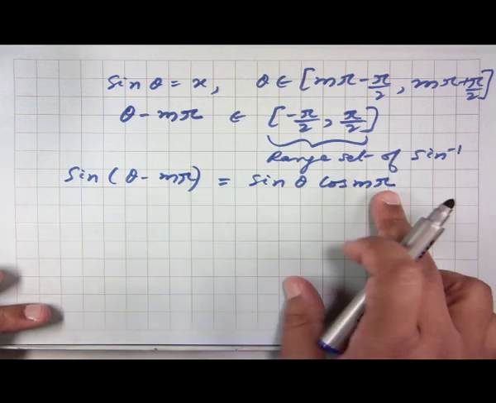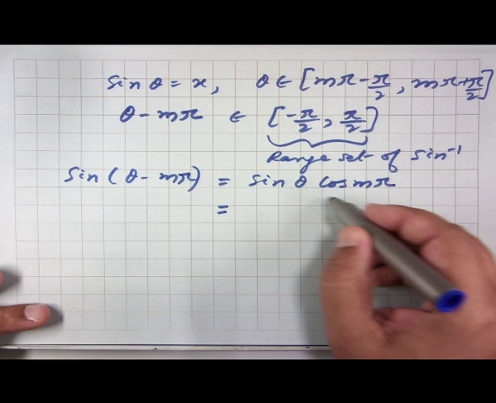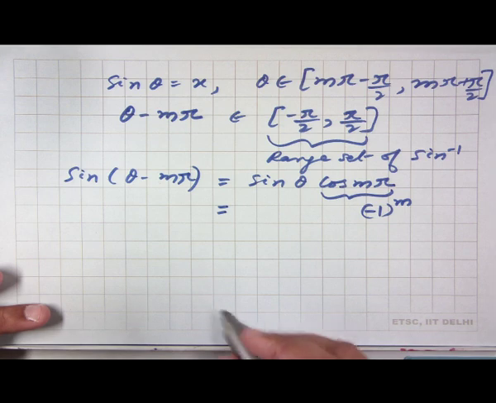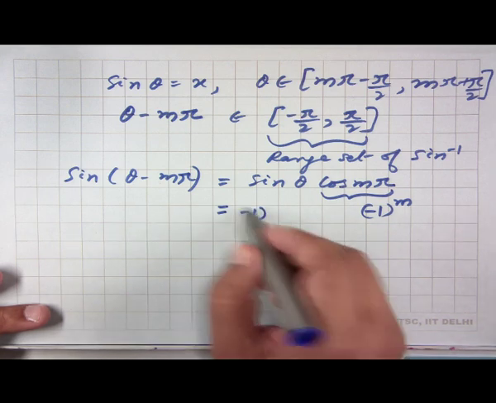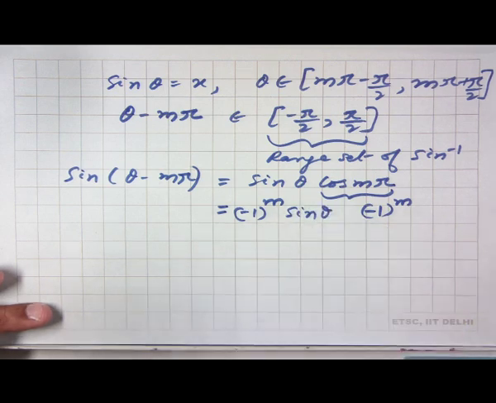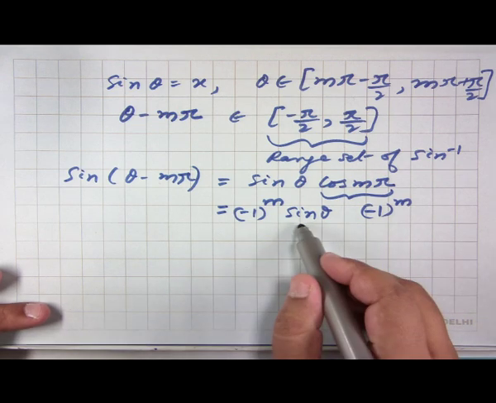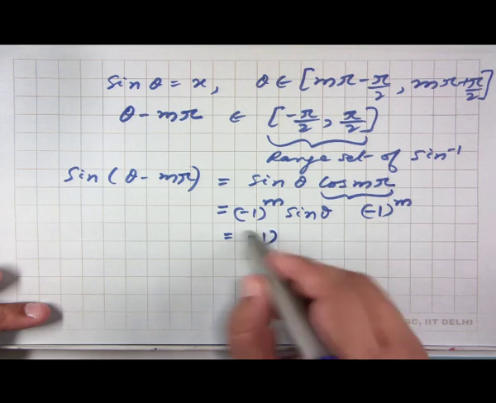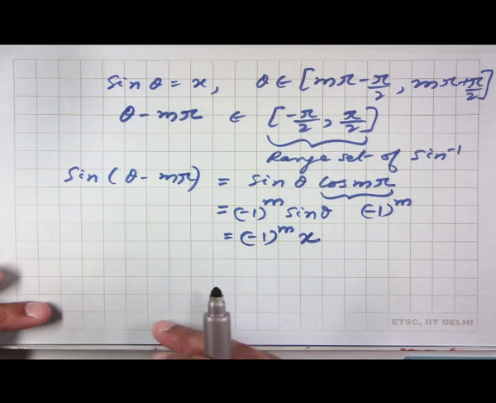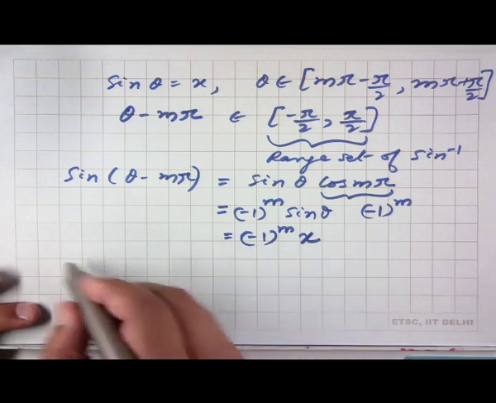So, this is what we end up getting, and cos of m pi can be written as (-1) to the power of m. So, this is finally equal to (-1)^m times sin theta, which is actually good news for us, because we can also write it as (-1)^m times x, since sin theta is equal to x. So, then we can divide this into two cases.